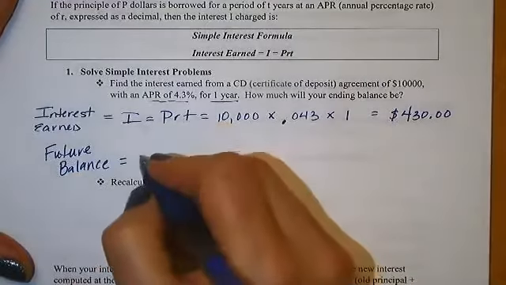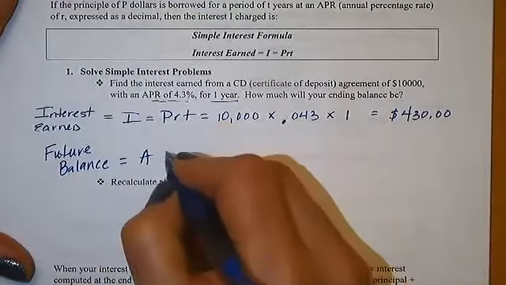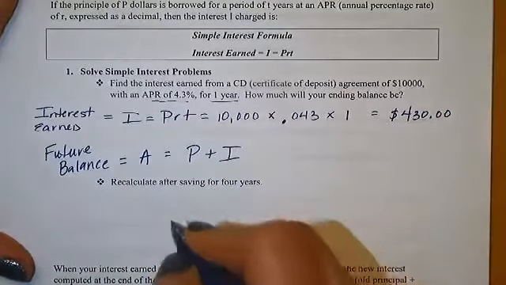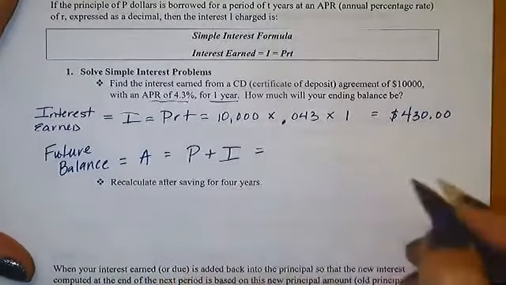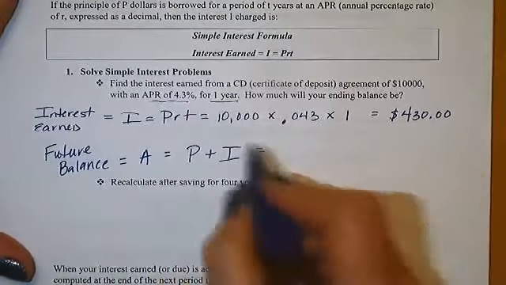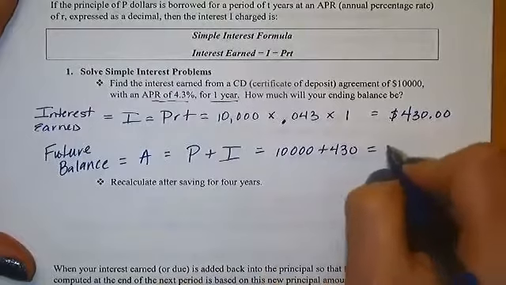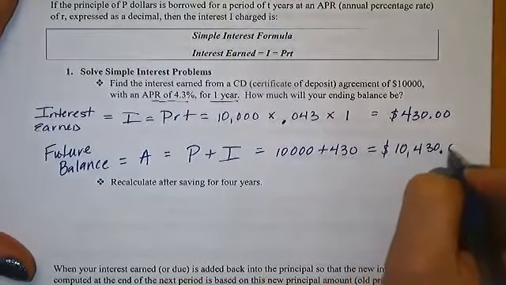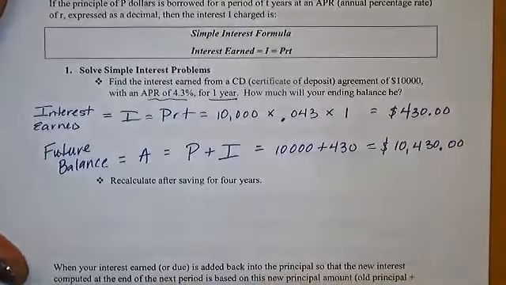The future balance, or the amount, is going to be equal to the original principal plus the interest that was added into the account. So it's going to be $10,000 plus the $430 extra that you earned. So you'll have a total of $10,430 in your account at the end of this time period of 1 year.